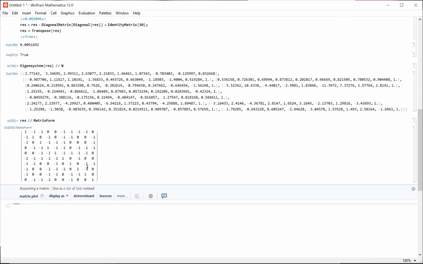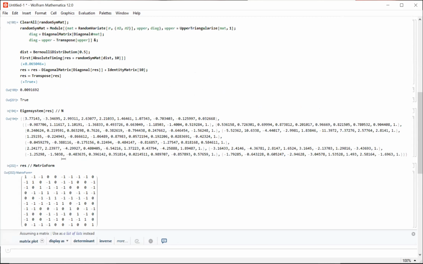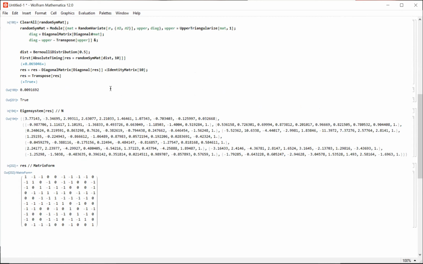That's the hopping term. Of course, you can change these. You typically want the bound state to be bigger than the hopping term. So you can make the bound state larger, like 10 times larger or something.